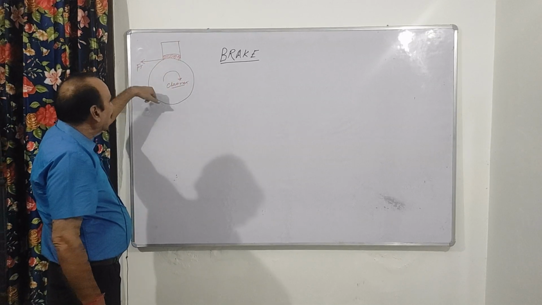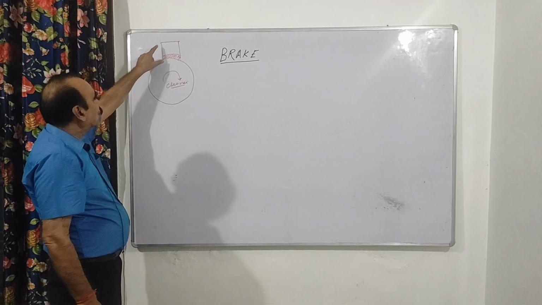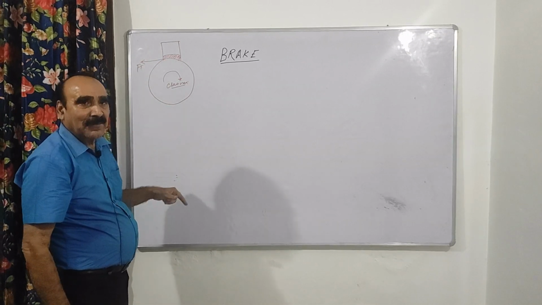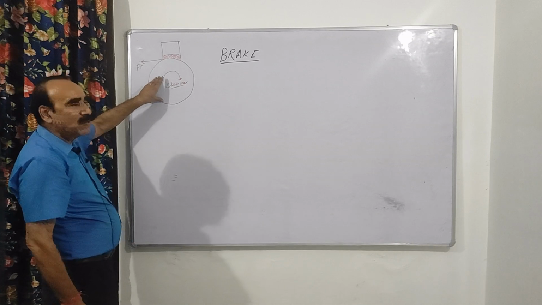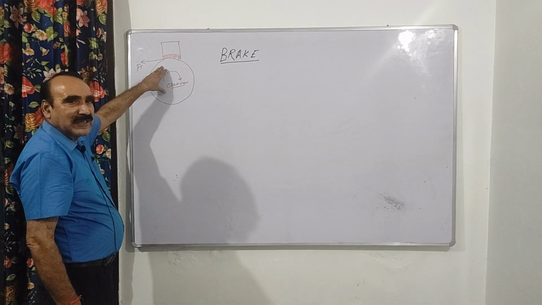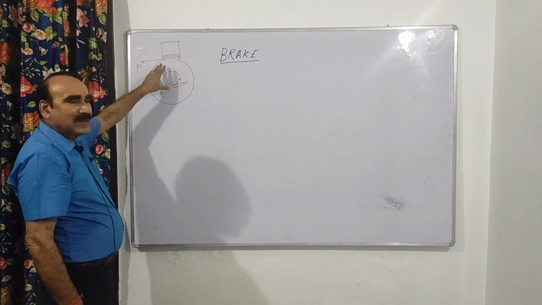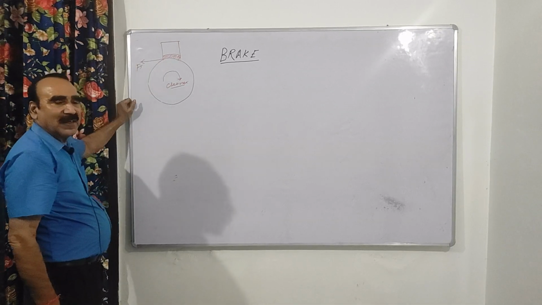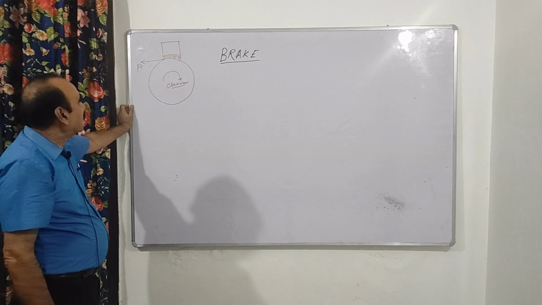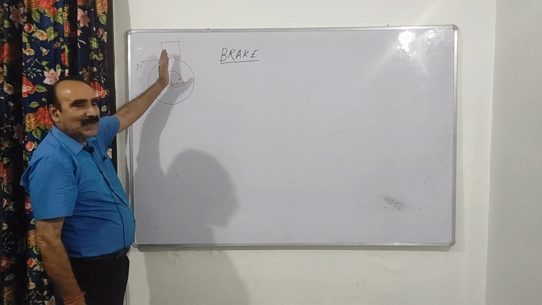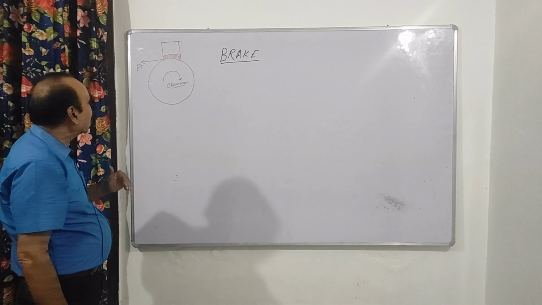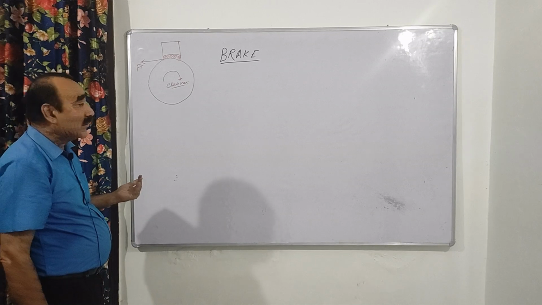This is rotating in the clockwise direction and the shoe is static, and when it is pressed with the rotating drum, what happens? There is a relative motion between the shoe and the rotating drum, and that motion will create the frictional force or the braking force, which is perpendicular to the normal force and tangential to the drum, and this is in the opposite direction.